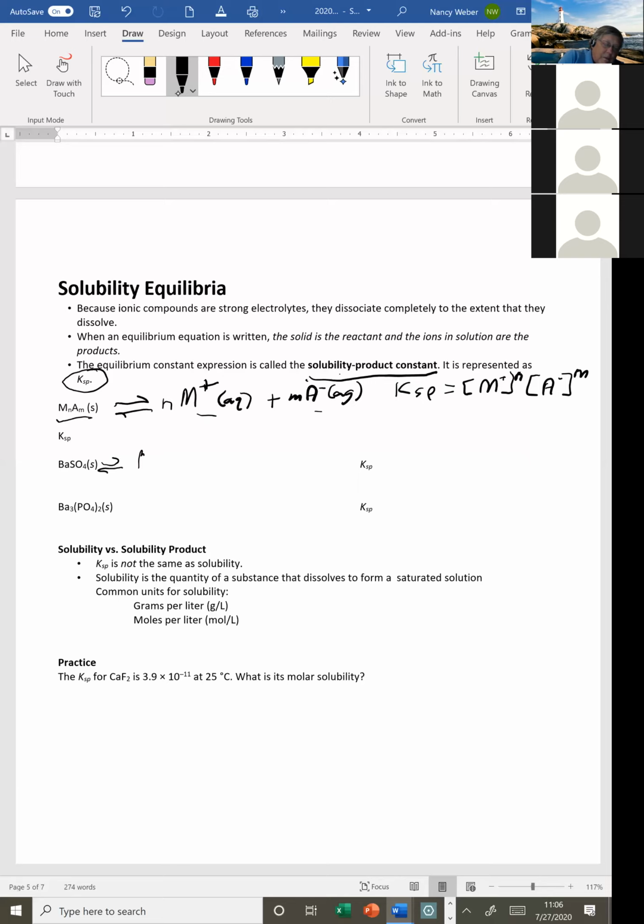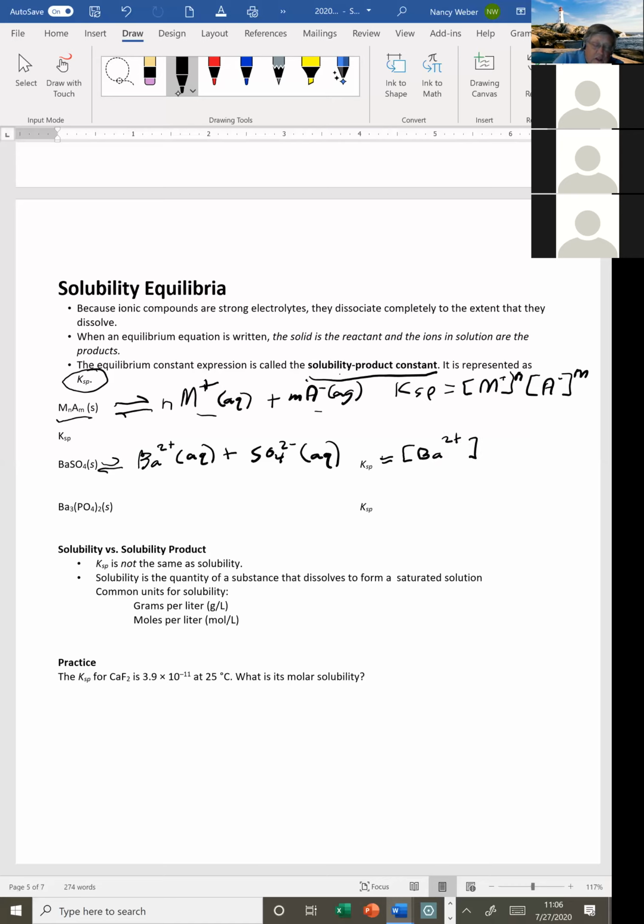Okay, so I'm going to get barium ion plus sulfate ion. Everything's 1-to-1 there, right? So what's the KSP going to equal? Ba2 plus SO4.